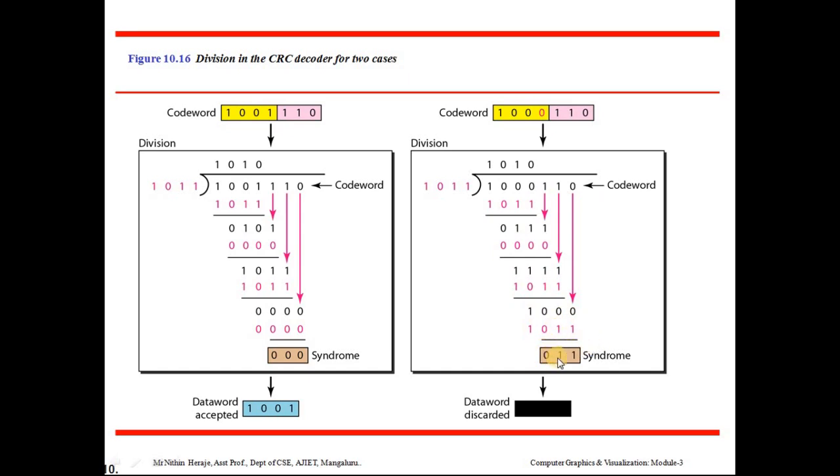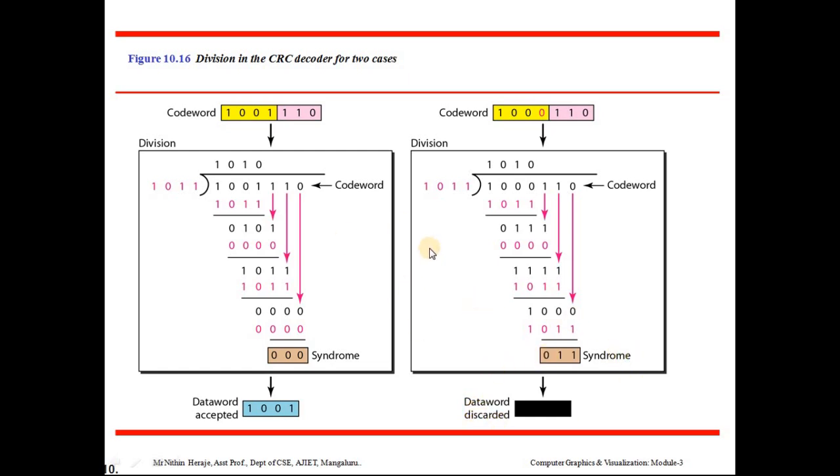And if you look at the end, in the remainder part, you get 0 1 1, which we call the syndrome, which is non-zero. Since it is non-zero, we will discard the data word.